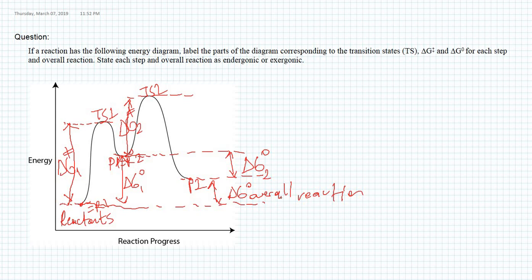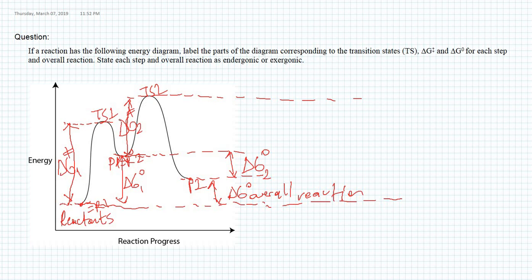Okay, and one more point maybe we can show. Sometimes you are asked what is the activation energy for the overall reaction. This starts from the energy of the initial reactants and goes to the highest transition state point.